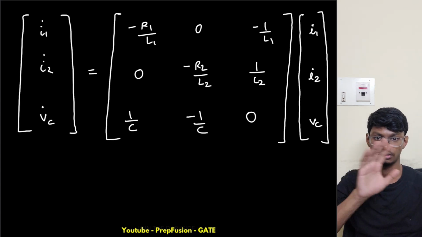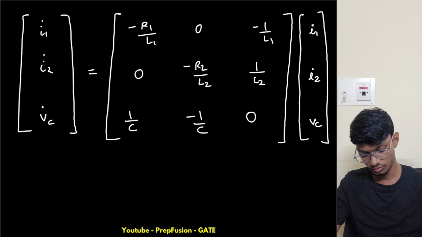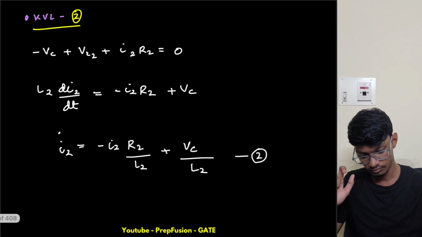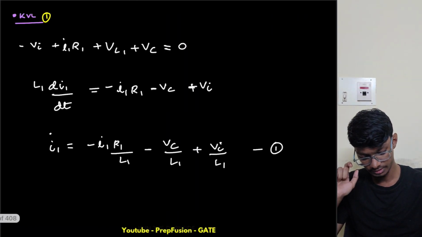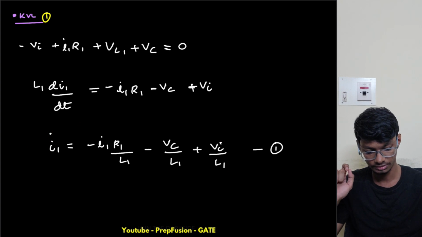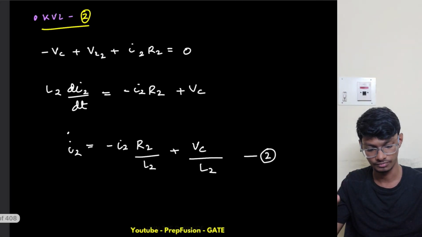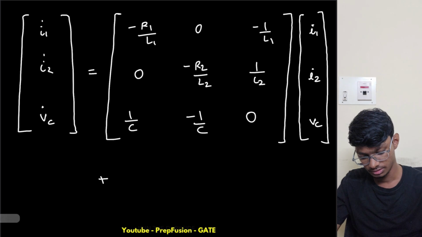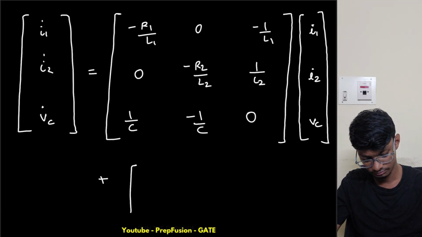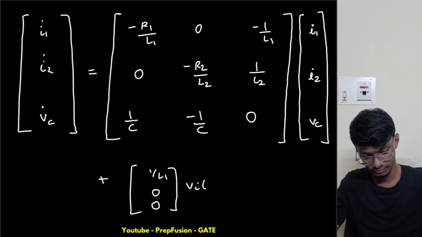Now let us solve for the U matrix. Only the first state variable is related with the input, with coefficient 1 by L1; the other ones are 0. So this will become 1 by L1, 0, 0, and this is vi of t simply.